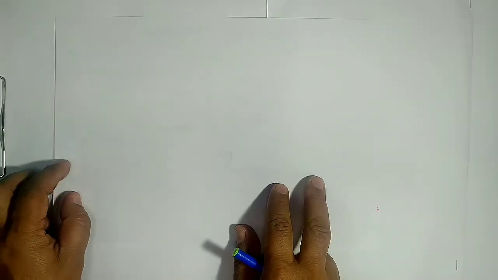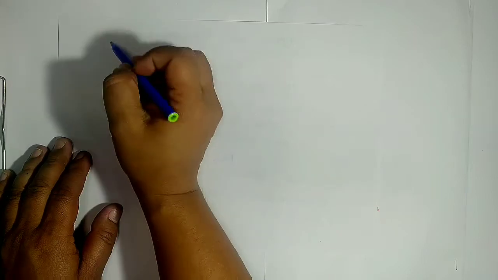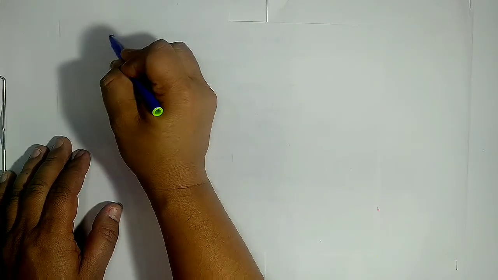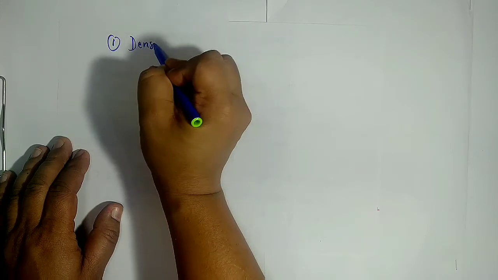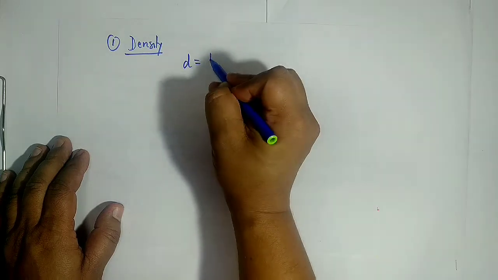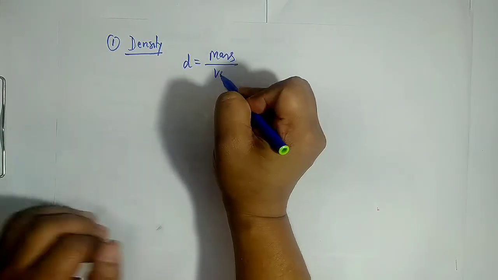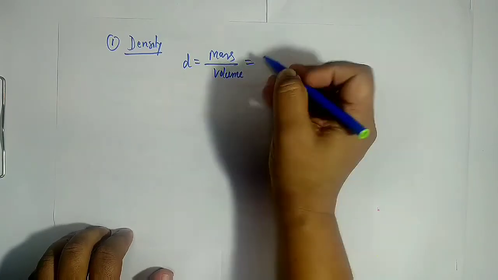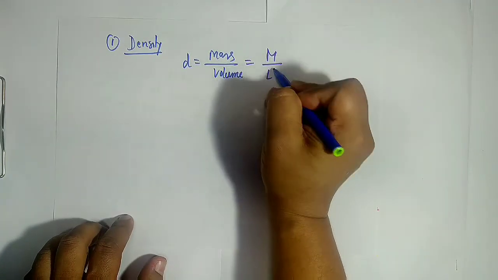Now I am writing here 10 physical quantities one by one. First is density. I think all of you know density is mass per unit volume. So mass is M, volume is L cube.